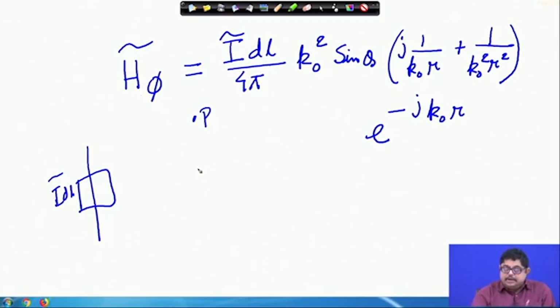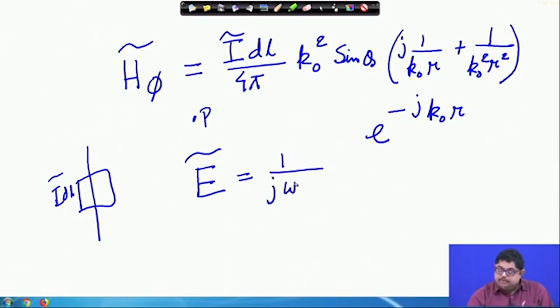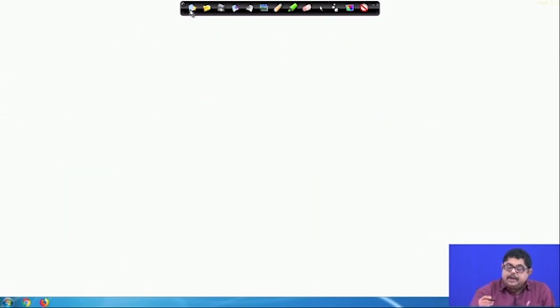So, now we can write the electric field phasor from Maxwell's equation as 1 by j omega epsilon naught del cross H. If we do that, again we can find out the components. There we will see that it has an E r component.